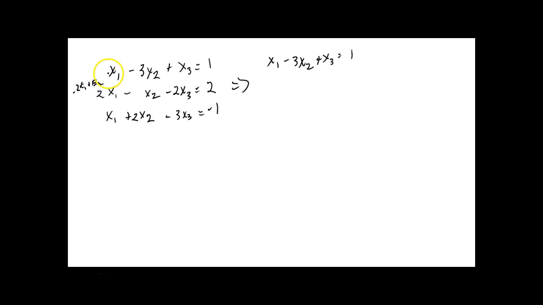So minus 2 times x1 is minus 2x1, plus 2x1 will be 0. That's what we wanted. Minus 2 times minus 3x2 would be 6x2, minus x2 would be 5x2.